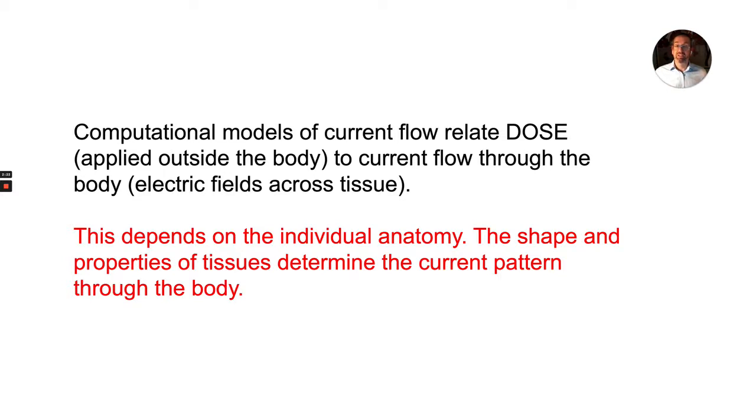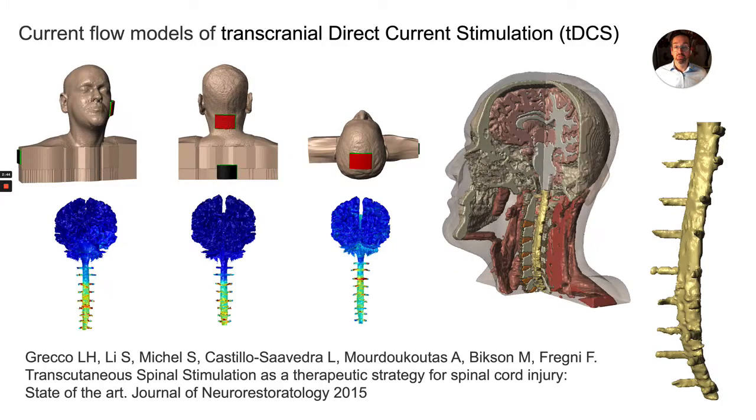And it turns out that this doesn't just depend on the electrode placement and size and current and so on. This also depends on the anatomy. So there's the combination of the electrode placement and the overall dose features and the specific anatomy, the shape of different tissue compartments, their resistance, that determines how current flows through the body.